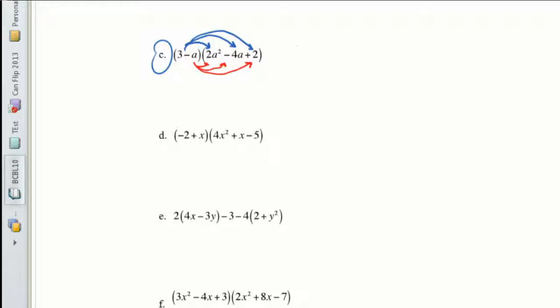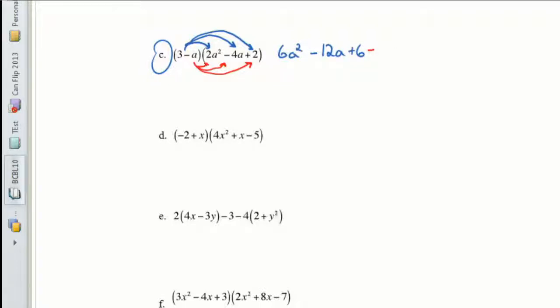3 times 2a squared is going to give me 6a squared. 3 times negative 4a is going to give me negative 12a, and 3 times 2 is going to give me 6. Now, that's the first term multiplied by all 3 in the second bracket, the trinomial. Then I'm going to do the negative a.